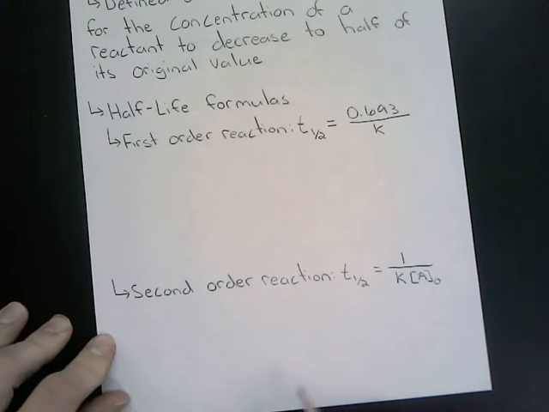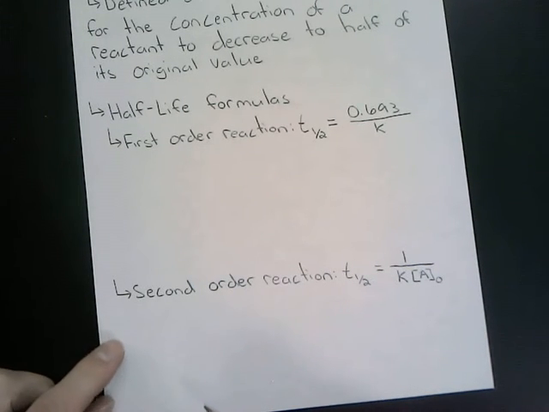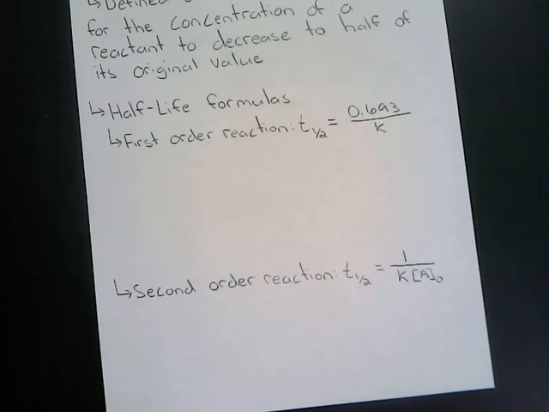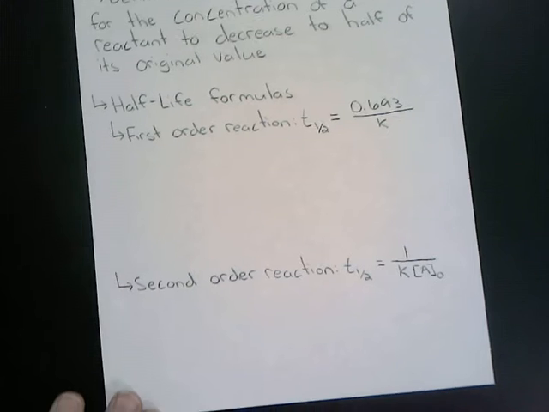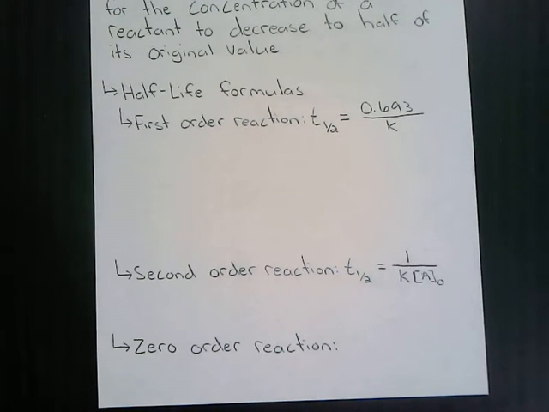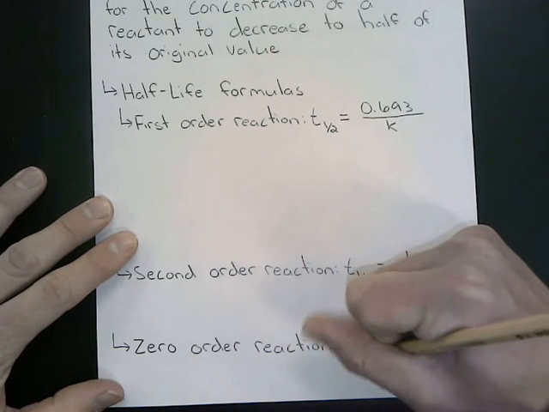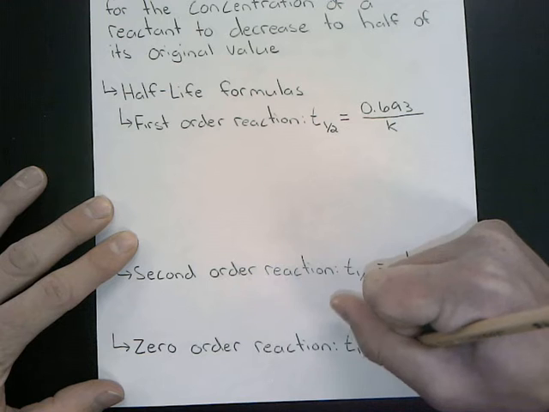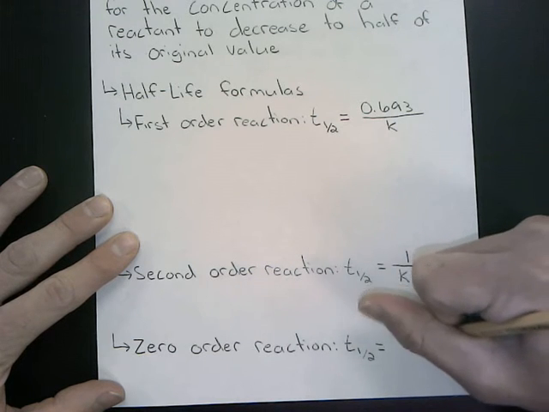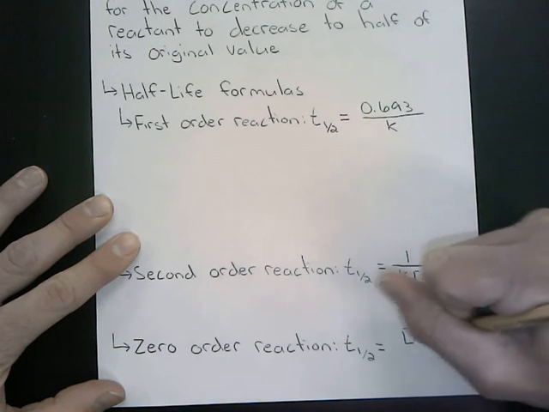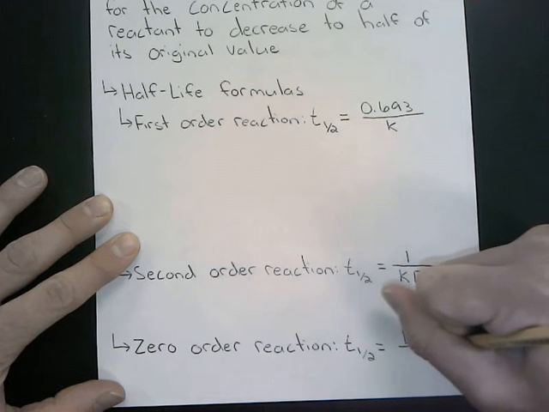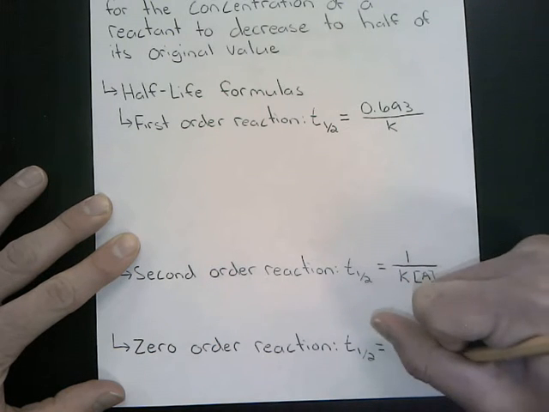Now, I'm not going to leave a whole lot of room here, but I'm going to talk next about the zero order reaction. The formula for half-life for a zero order reaction is T sub half equals the original concentration, A sub naught, all divided by 2K.